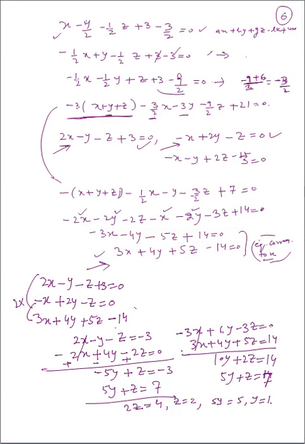So x is equal to, if we put in the first equation, 2x minus 1 minus 2 plus 3, so this cancels out, so x is equal to 0. So values are x 0, y 1 and z is equal to 2. So these are the values of x, y, z. So the vertex is 0, 1, 2.